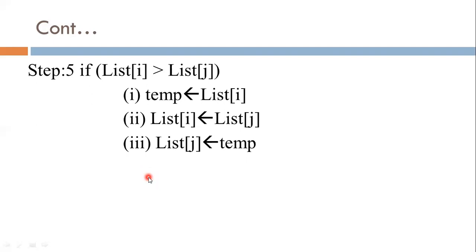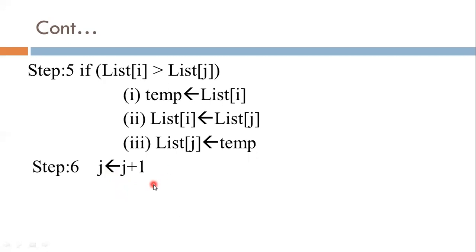Means in step number 1, comparison is made like this: first element with second, first element with third, first element with fourth, and so on. So I have to increase the element one by one. So I have to write j equal to j plus 1.